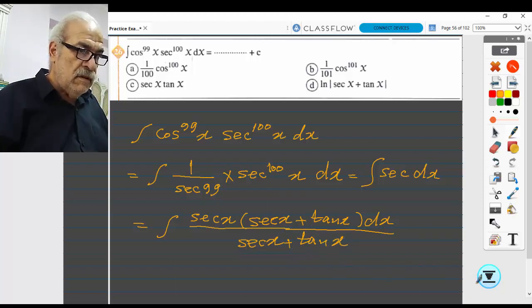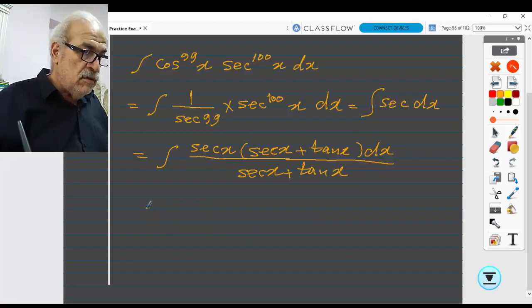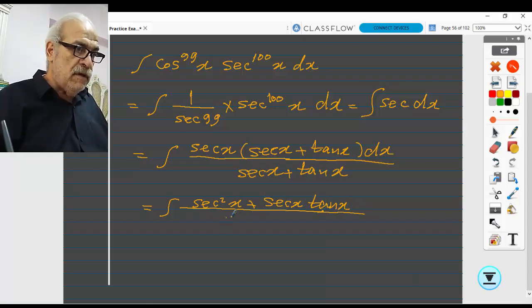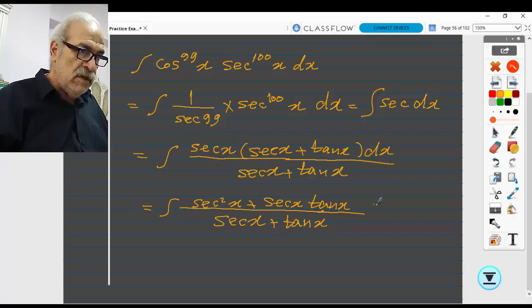Okay, I want to put it in a standard form of integration. So it is equal the integral of sec multiply sec, it's sec square x, plus sec tan over sec x plus tan x with respect to x, right?